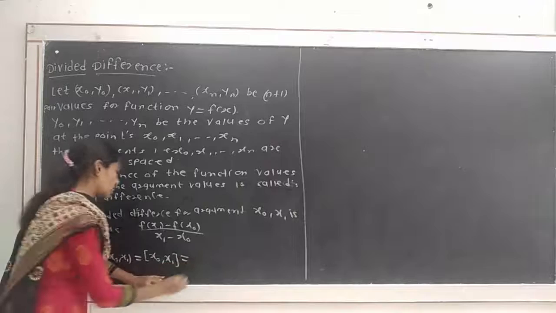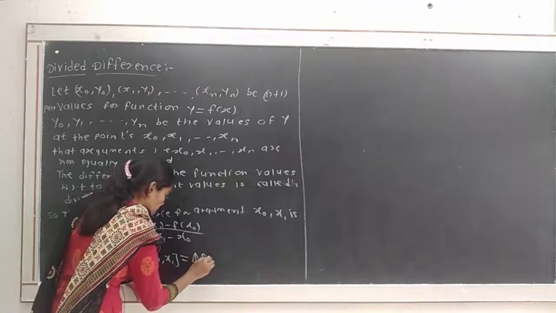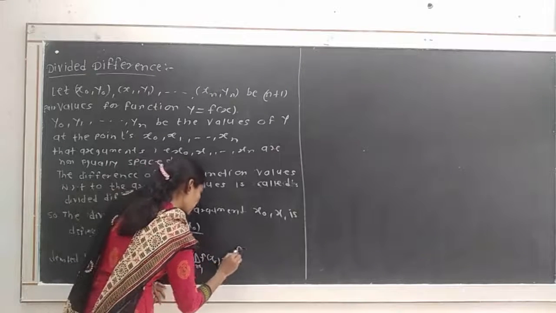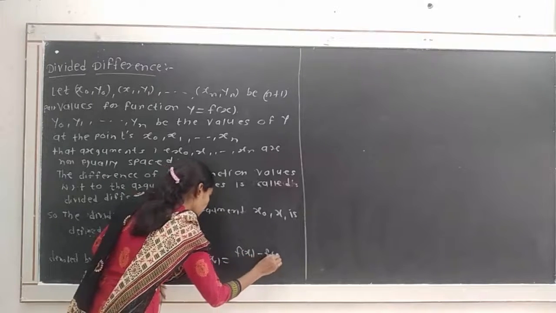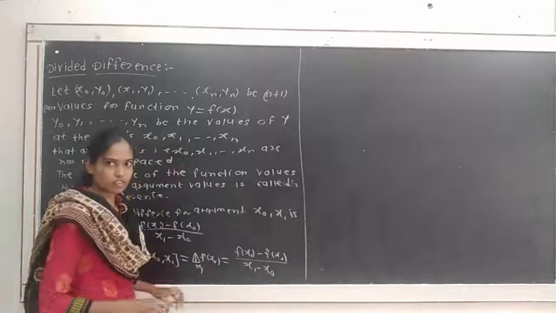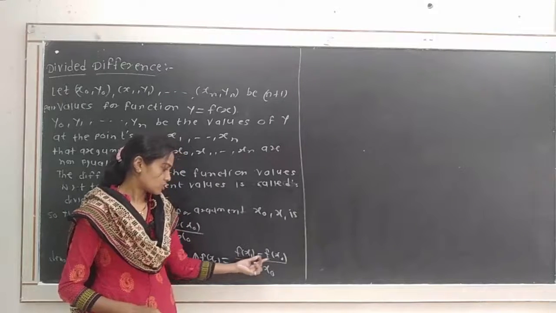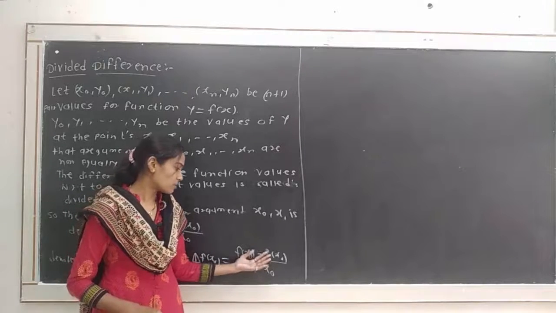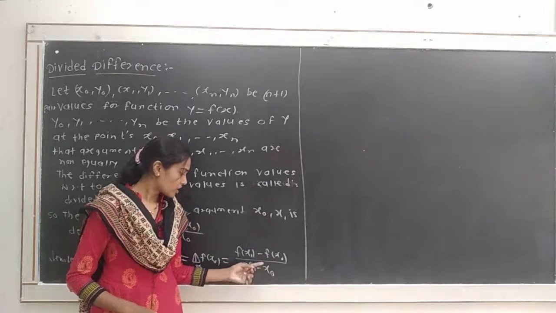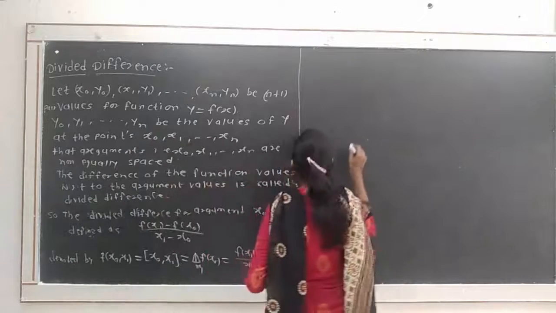We can also change the order, writing f of x0 minus f of x1 divided by x0 minus x1, which is the first divided difference.